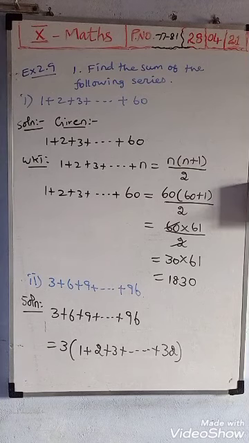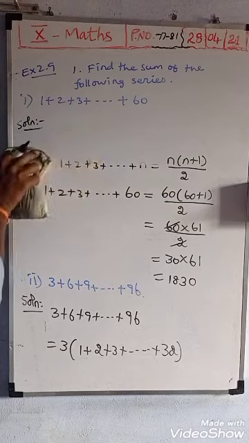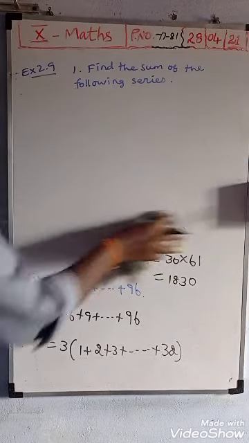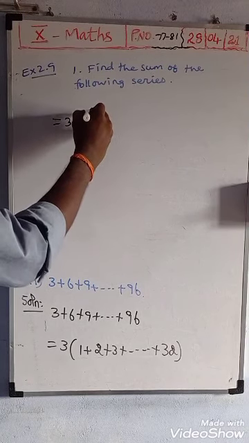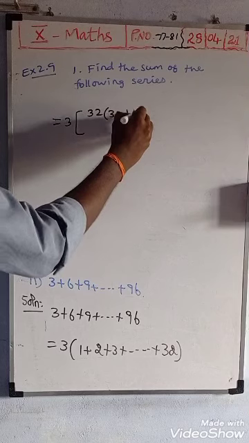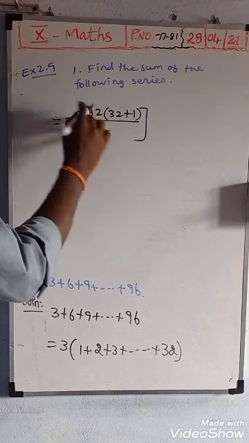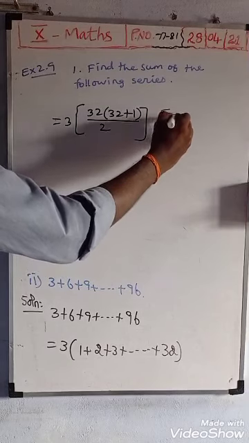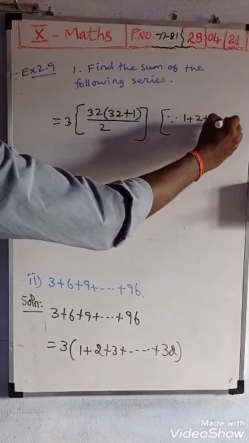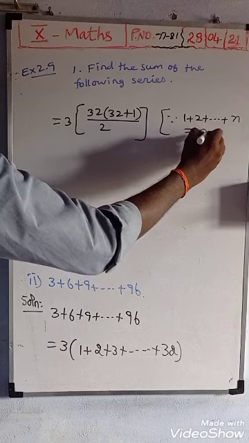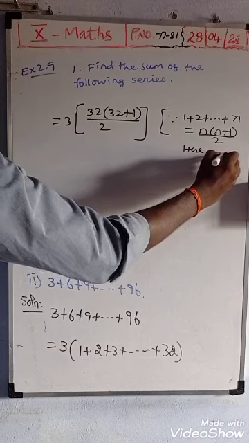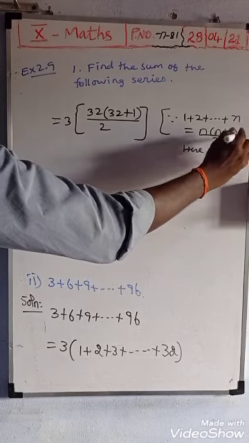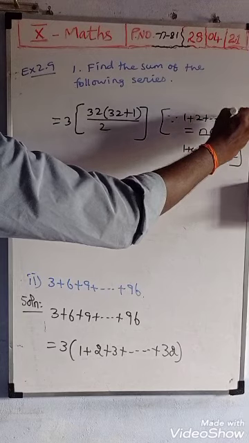Next step: inside the bracket we can apply the formula. Here it is 3 times 32 into (32 plus 1) divided by 2, since 1 plus 2 plus up to n equals n into (n plus 1) by 2, and here n equals 32.